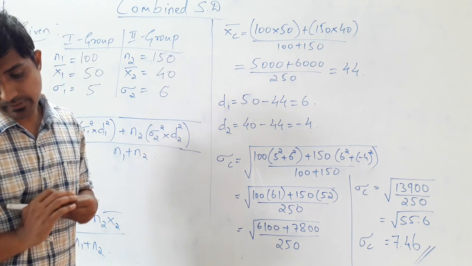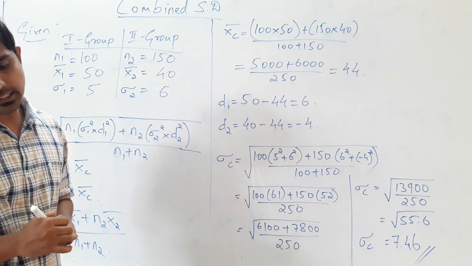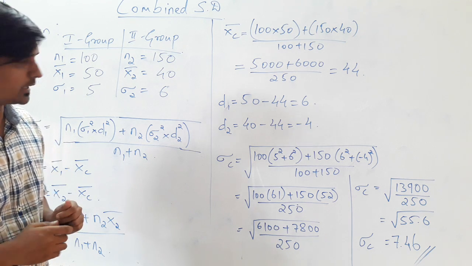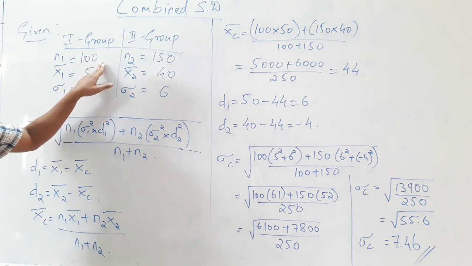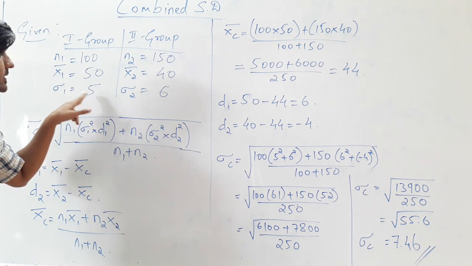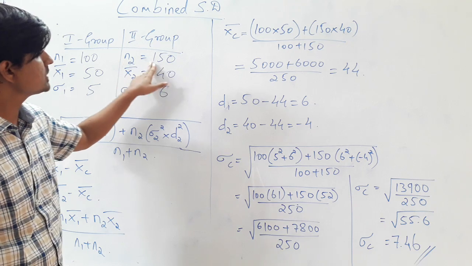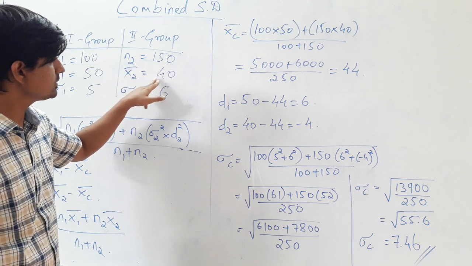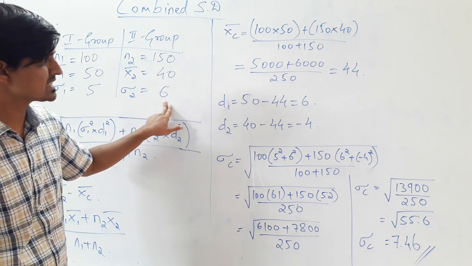Find the standard deviation of all the 250 items taken together. Now n1 is 100, x1 bar is 50, sigma 1 is 5, n2 is 150, x2 bar is 40, sigma 2 is 6.